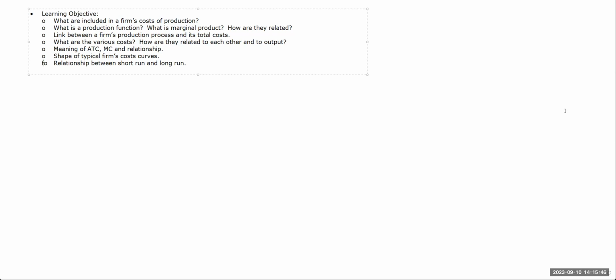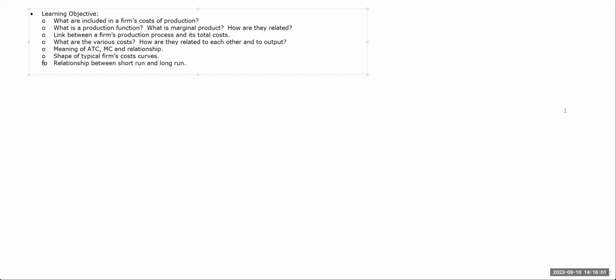I'm going to show you how average total cost is related to marginal cost, and also why the average total cost curve is U-shaped.